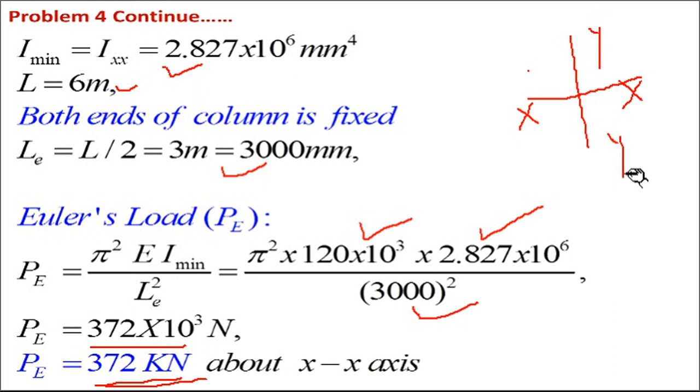And both will be different because moment of inertia is different. If you see the formula, all these terms are the same, only I may change. About xx, about yy, it is different. That's why load carrying capacity about both the axes is also different.